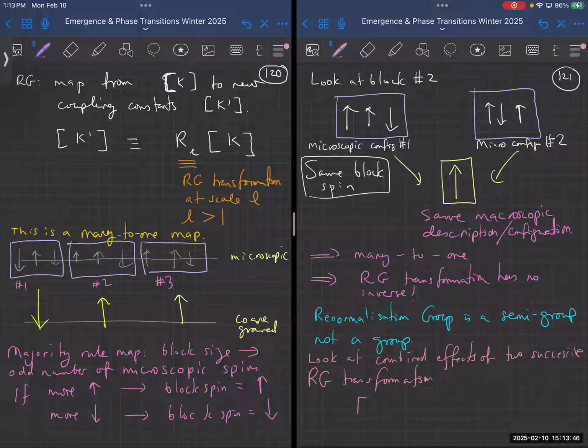So I'm going to start off with K prime defined as the renormalization group transformation by an amount of L1 acting on some coupling constants.